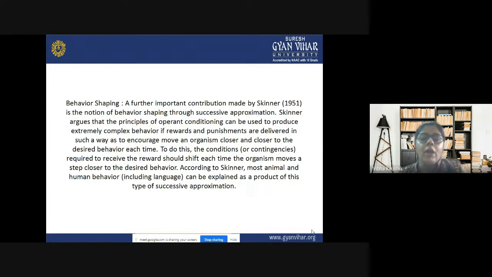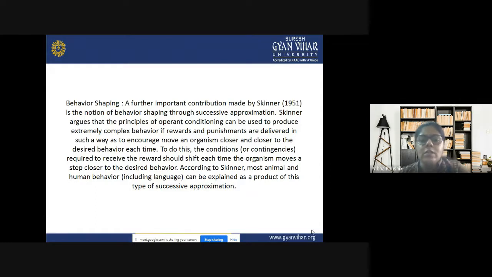Behavior shaping, a further important contribution made by Skinner in 1951, is the notion of behavior shaping through successive approximation. Skinner argued that principles of operant conditioning can be used to produce extremely complex behavior if rewards and punishments are delivered in such a way as to move an organism closer and closer to the desired behavior each time.